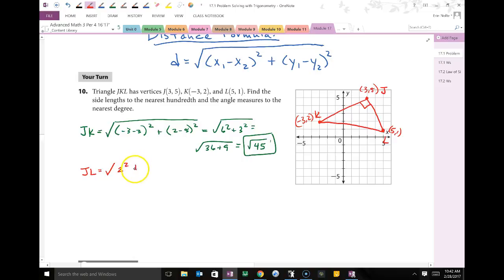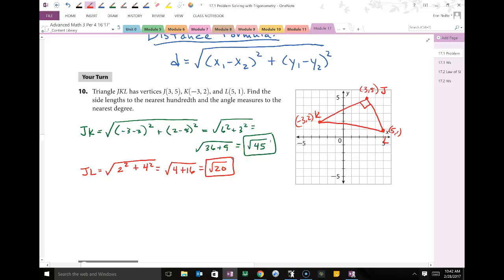Okay. What's your change in y's? From 1 to 5, 4. Do you guys know that this is Pythagorean's theorem? Isn't that cool? It plays 2 parts in this puzzle. Gosh, Pythagorean was such a smart guy. 4 plus 16 makes 20. So the square root of 20, which we also could break down, but today we're just going to leave it.